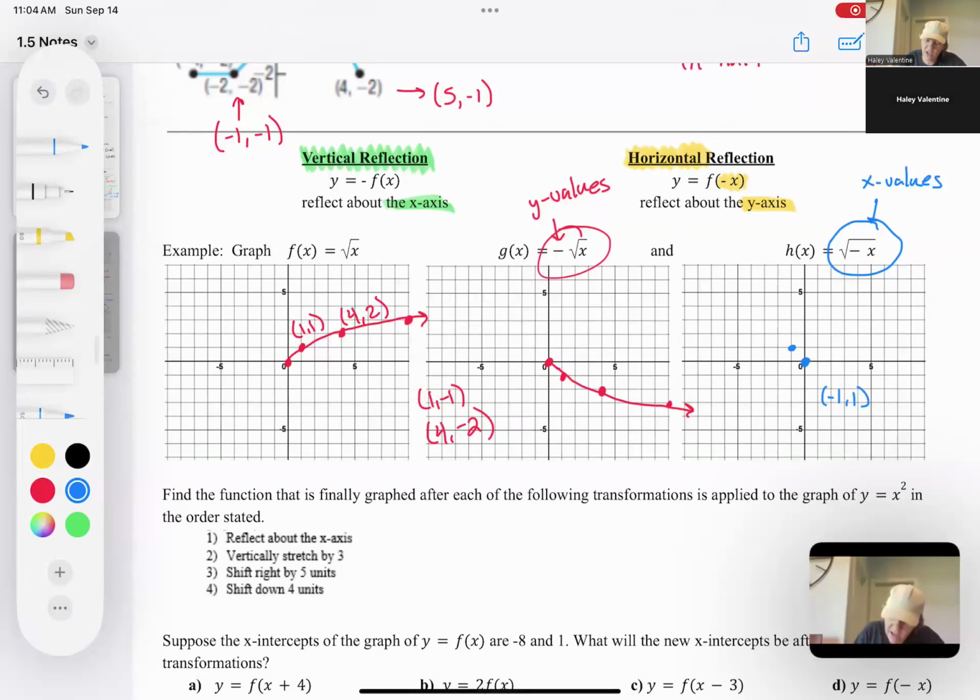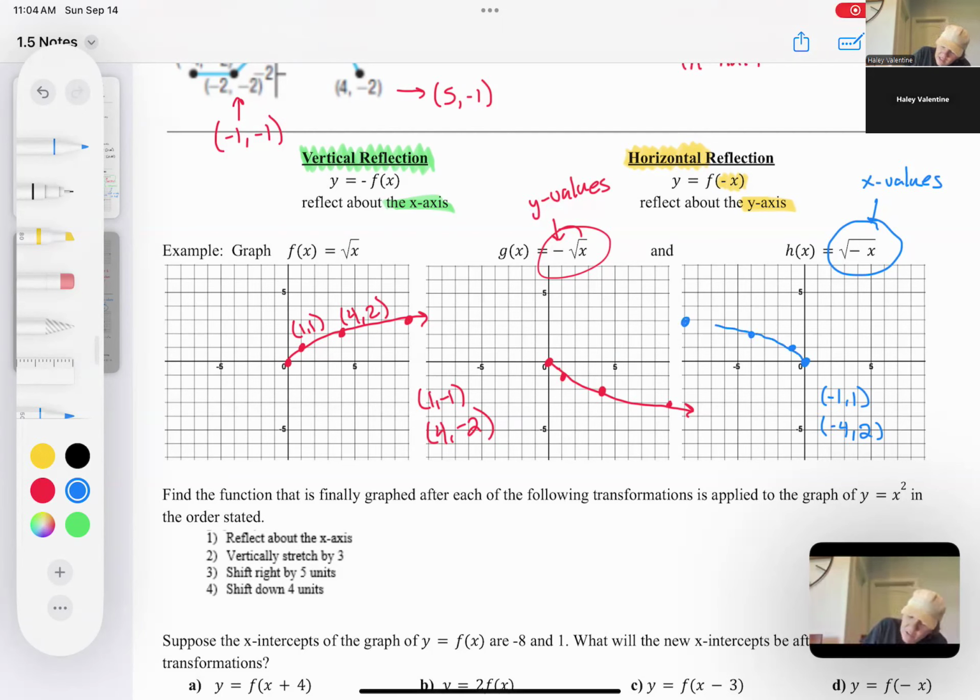Again, y value isn't changing. The x value is being multiplied by a negative. Picture now, if you plug in -1, it's a negative -1, so it's actually the square root of 1, which is 1. That's why we need the negatives now. Instead of 4, 2, it's going to be -4, 2. Instead of 9, 3, it's going to be -9, 3.